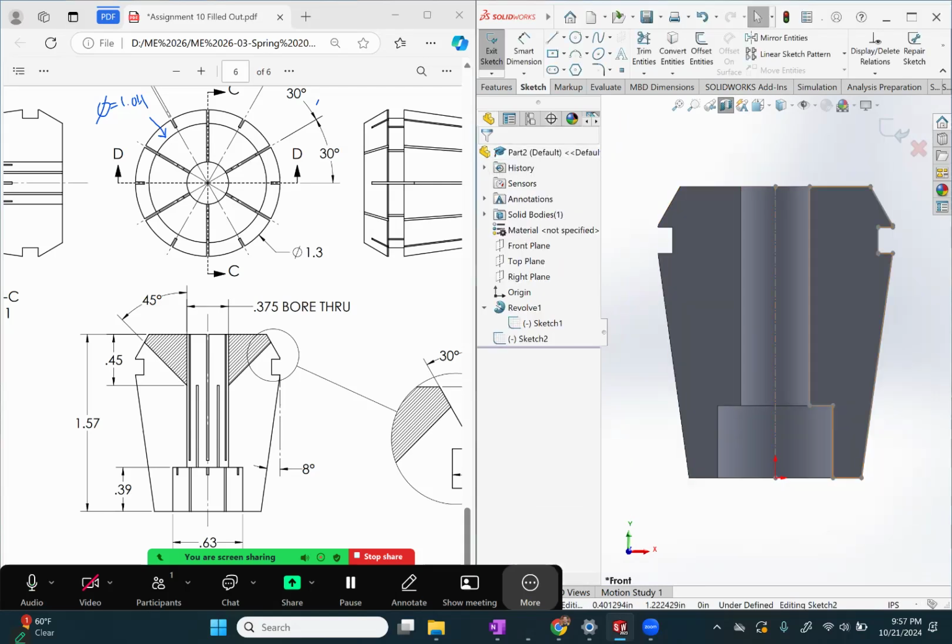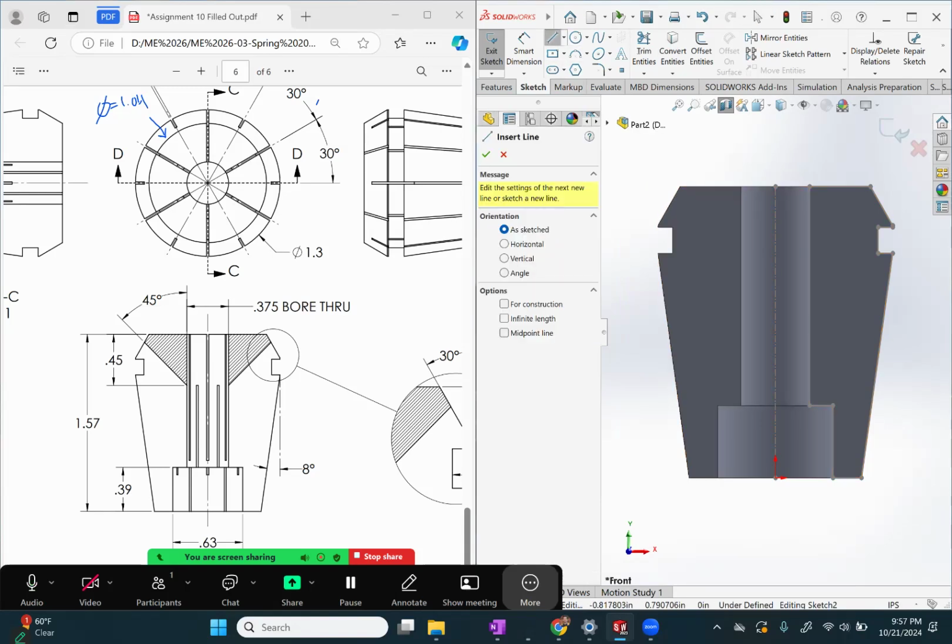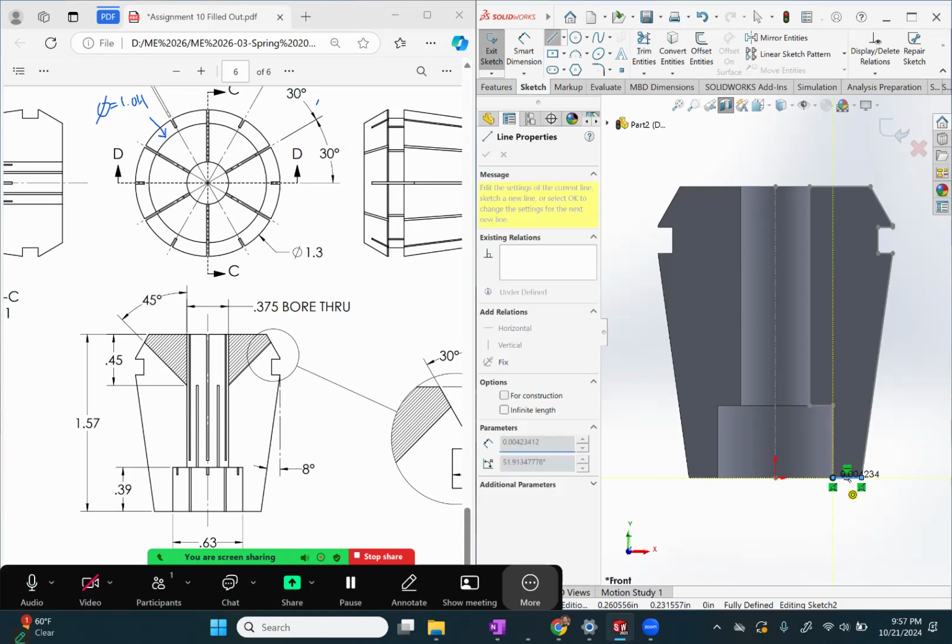Therefore, I can see what I'm sketching since I'm currently working on this plane instead of having the outer regions of the body interfere with my view. So I want to sketch this open area here. To do so, I can retrace these points.